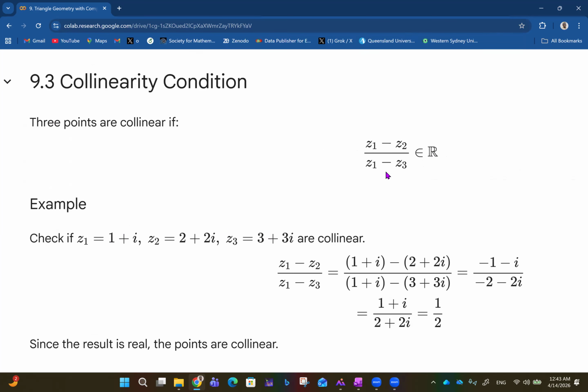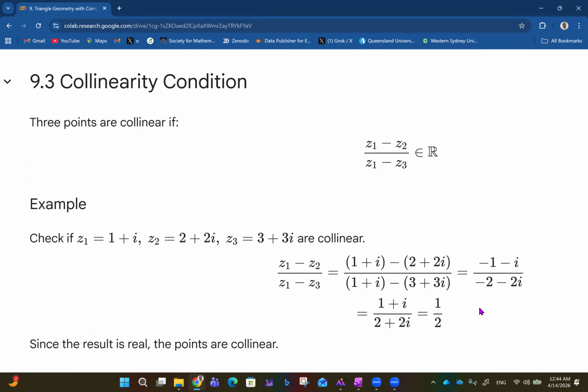But if you want to follow the collinearity condition, you can go ahead and do (z1 minus z2) over (z1 minus z3). That's (1 + i) minus (2 + 2i), so that will be 1 minus 2, which is minus 1, and i minus 2i, that's minus i. Then the denominator: 1 minus 3, that's minus 2, and i minus 3i, that's minus 2i.